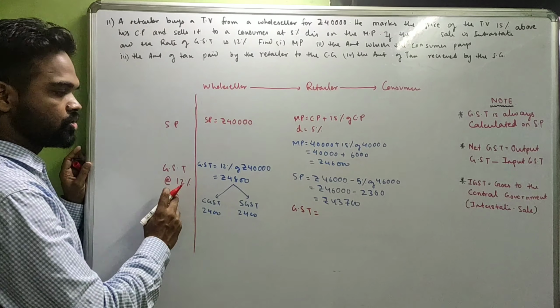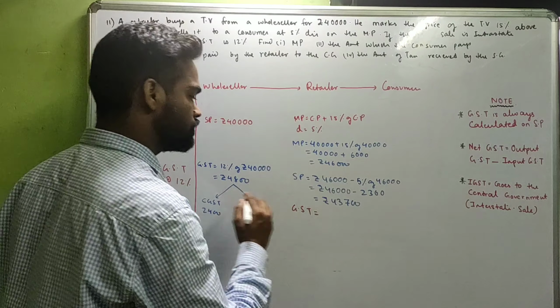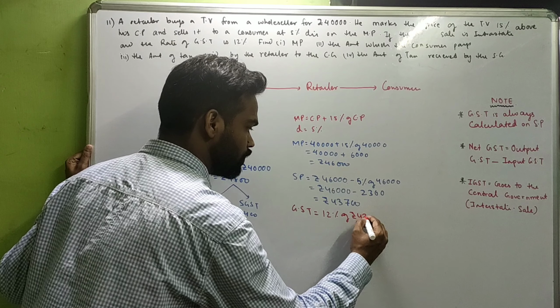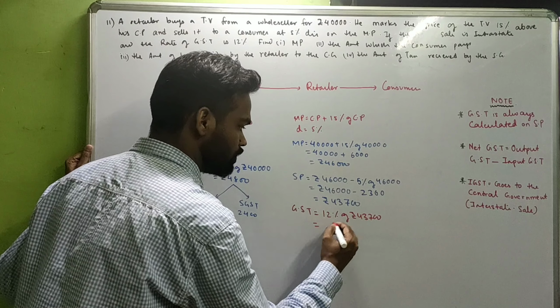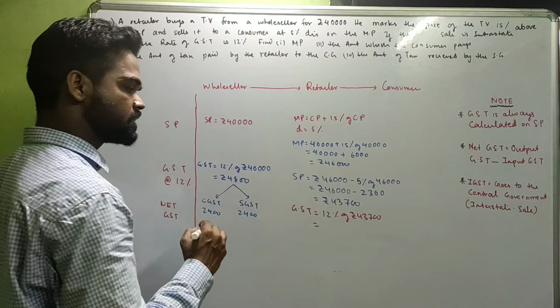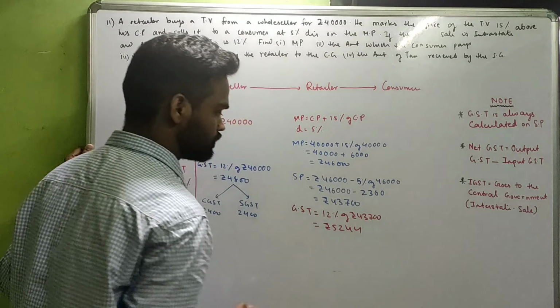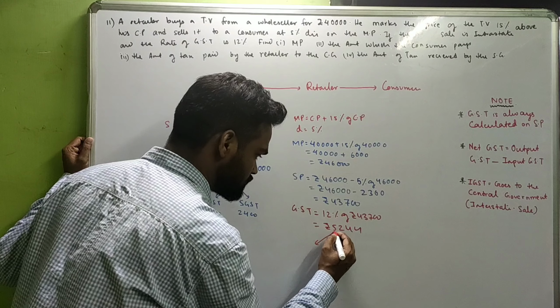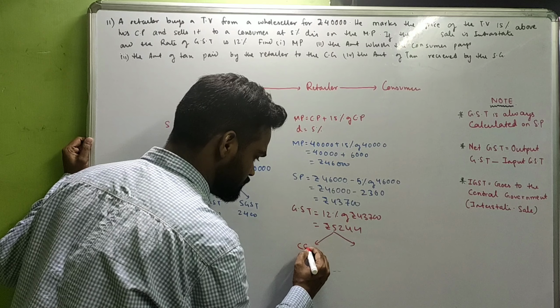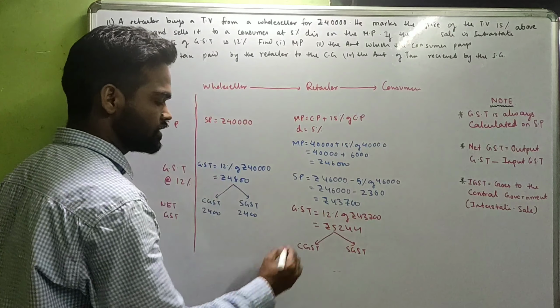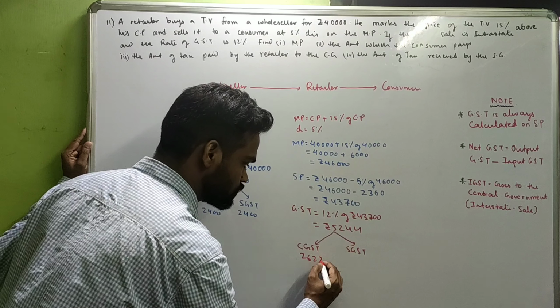Now comes the GST in this case. GST is what? 12% of rupees 43700, which is 12 into 437, which is 5244. Again, this is divided in two parts. Look carefully. CGST, SGST. CGST will be 2622.